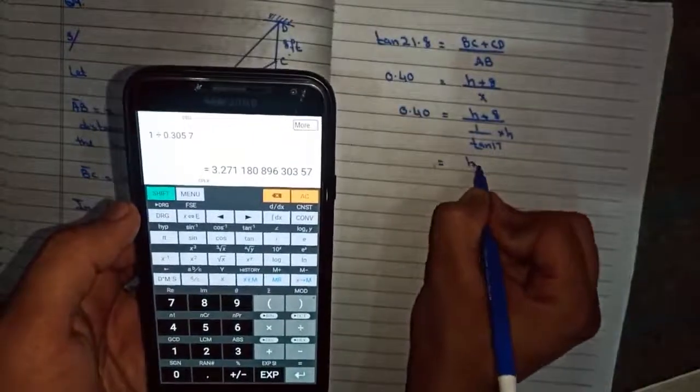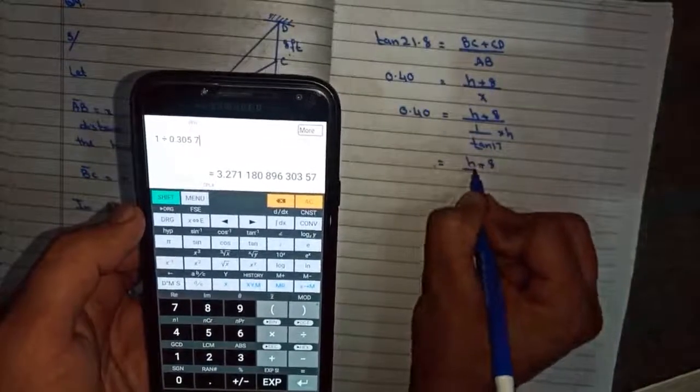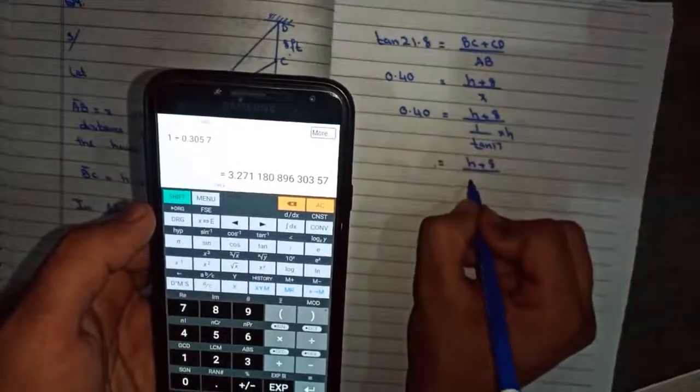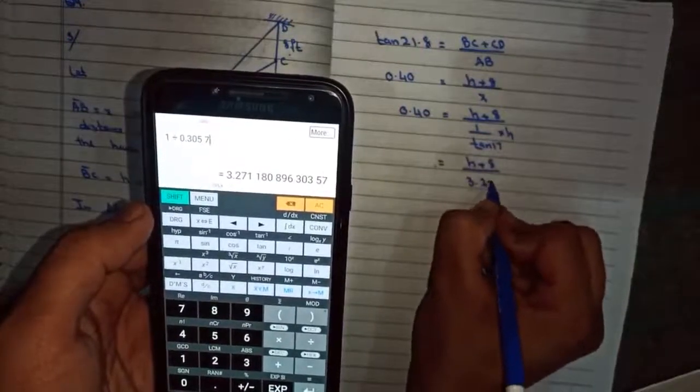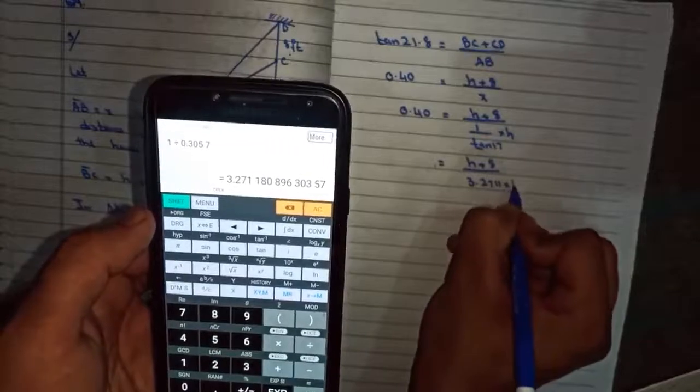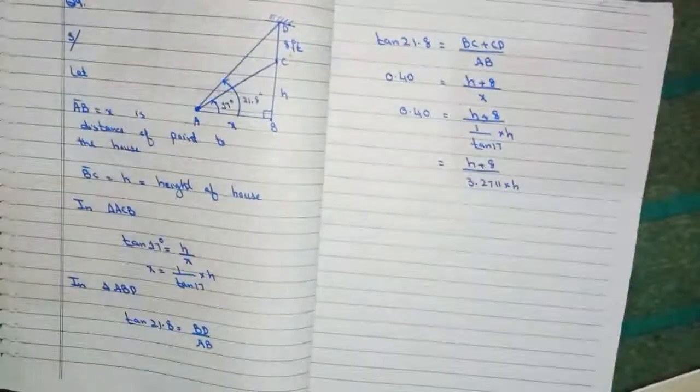So h plus 8, when 1 is divided by tangent 17, it is 3.2711 into h. Now we will easily find the value of h.